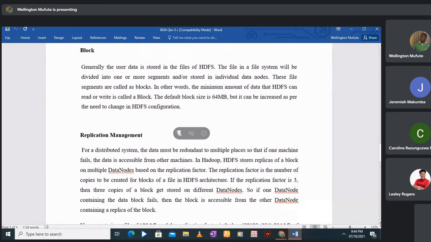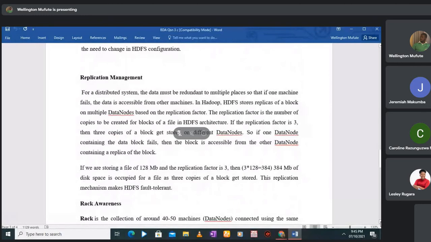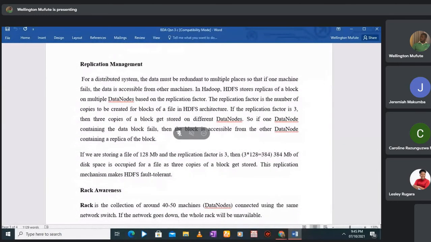So these segments are called the blocks. We can see the blocks in the diagram. I think it's mentioned if you go back to the diagram. So the default block size is 64 megabytes, but it can be increased as per the need by changing the HDFS configuration.